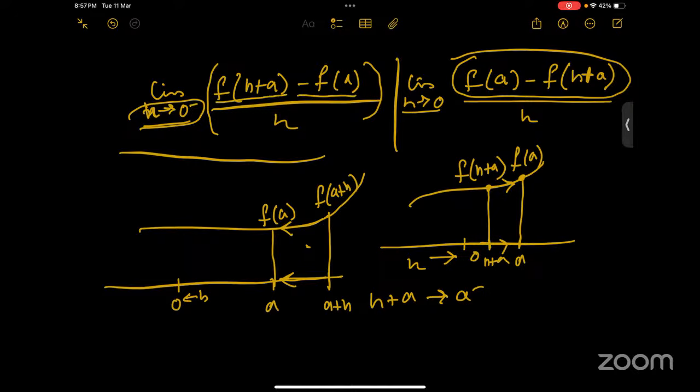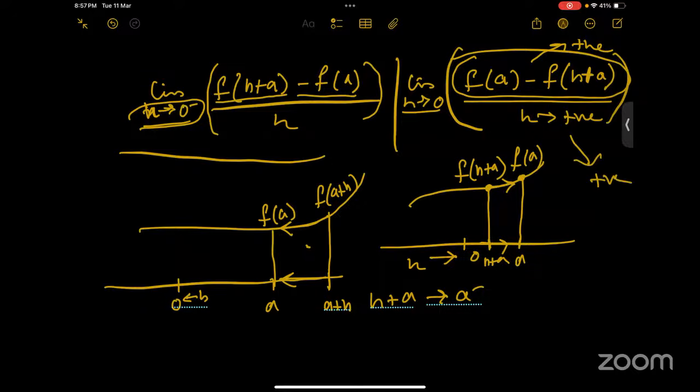And here we were taking f of h plus a minus f of a. That means this number minus this number, which is a negative quantity, right? And similarly here, this is a positive quantity, and this is also a positive quantity. So the whole quantity is also positive.